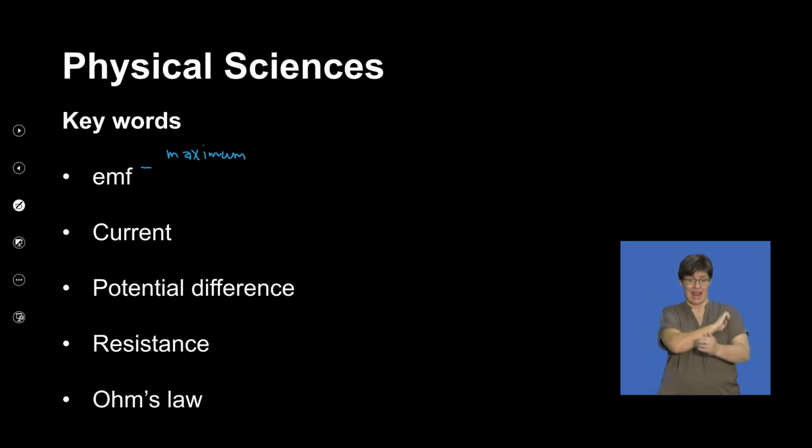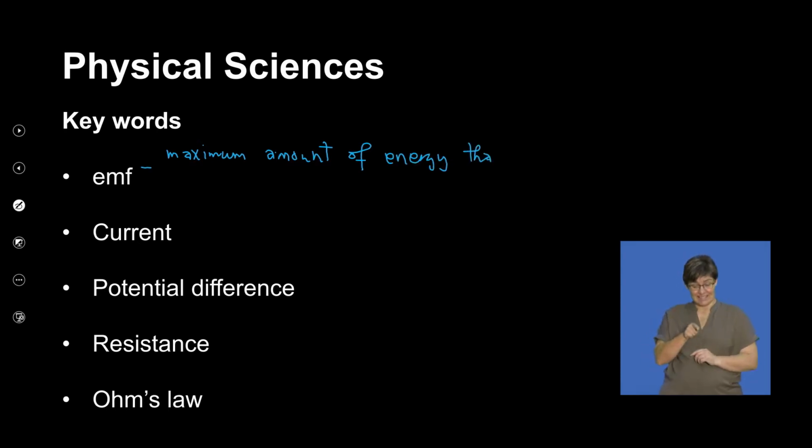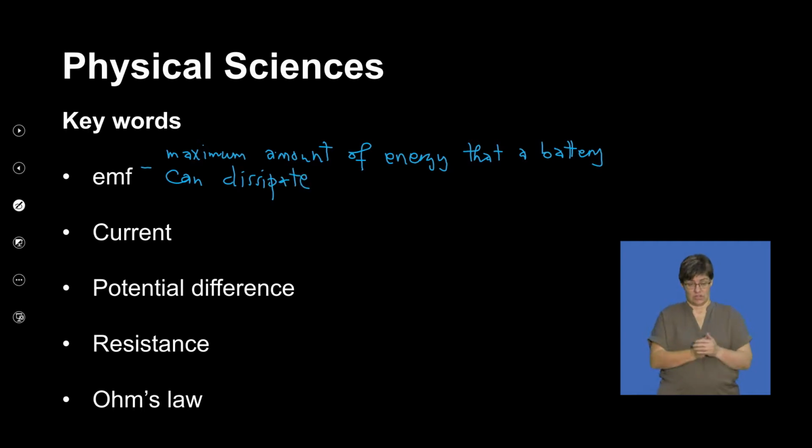amount of energy that a battery can dissipate per coulomb of charge.